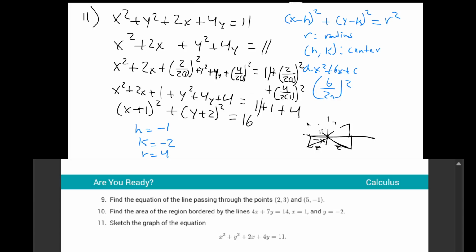And actually, I could probably state here, if you think about the unit circle, we have a circle here. The radius will also be the hypotenuse of the triangle.